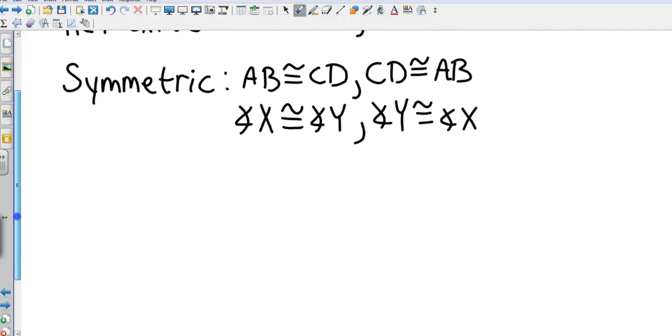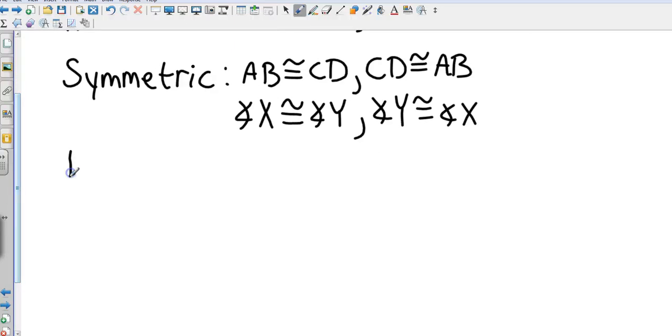And then finally, we're going to look at the transitive property. The transitive property is going to involve three things, similar to syllogism.